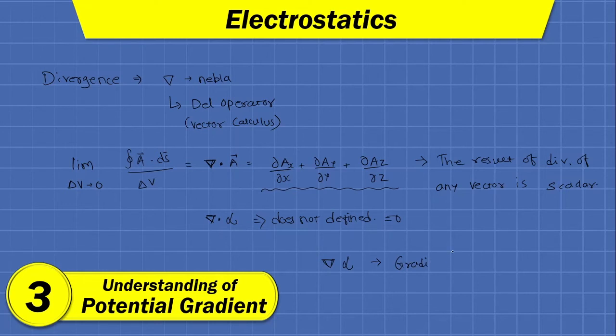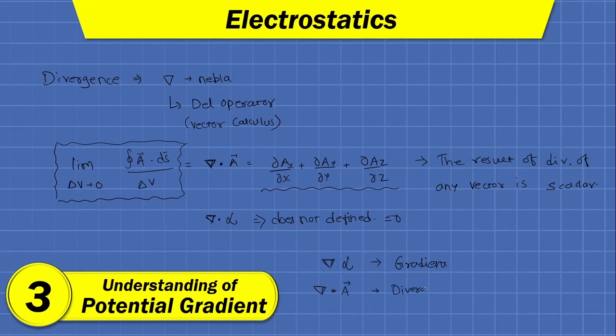We will shortly see how this gradient is defined. If the same del operator is applied with the dot product with any vector, then it is called divergence.